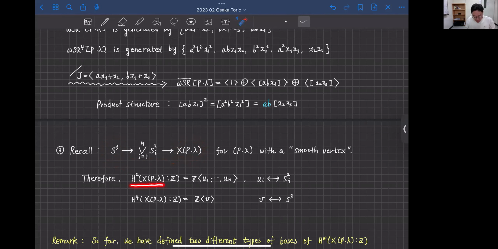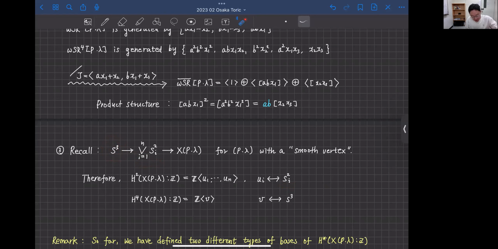So in cohomology degree 2, there is a basis, a cellular basis, U1, ..., UN, corresponding to the two cells in each of these two-dimensional spheres in the middle, right? And then in degree 4, there is a generator corresponding to this S3, the generator for H3 of S3.